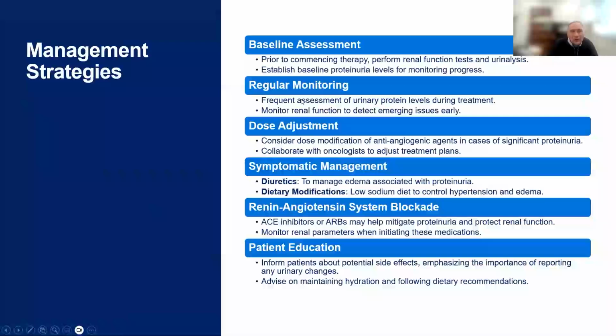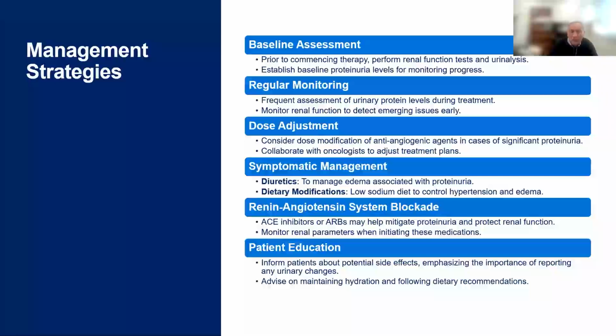And so sometimes we don't know what the proteinuria levels were to begin with. And again, these patients need frequent follow-up to assess kidney function as well as proteinuria. And if the patient develops proteinuria, in coordination with the oncologist, they can consider dose modification in case of significant proteinuria, and talk to the oncologist to decide what is the best strategy for the patient.